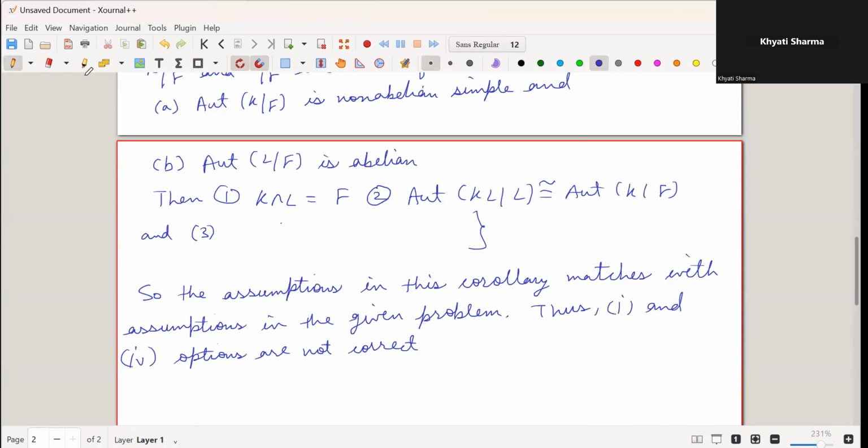First is K intersection L equal to F. Aut of KL over L is isomorphic to Aut of K over F, and KL over L is a normal extension.